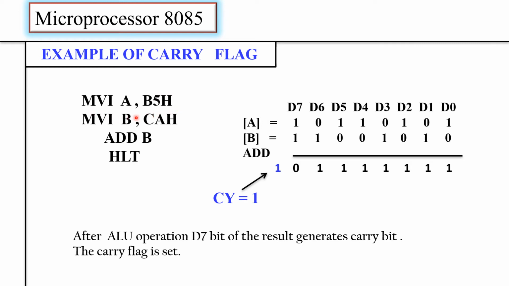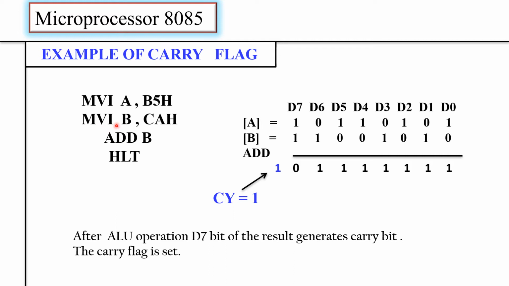So MVI A comma B5 means that the data B5 is moved into the accumulator. So the content of the accumulator is B5H. The second instruction, MVI B comma CA, means move immediately the data CA into register B. So register B contains the data CA.